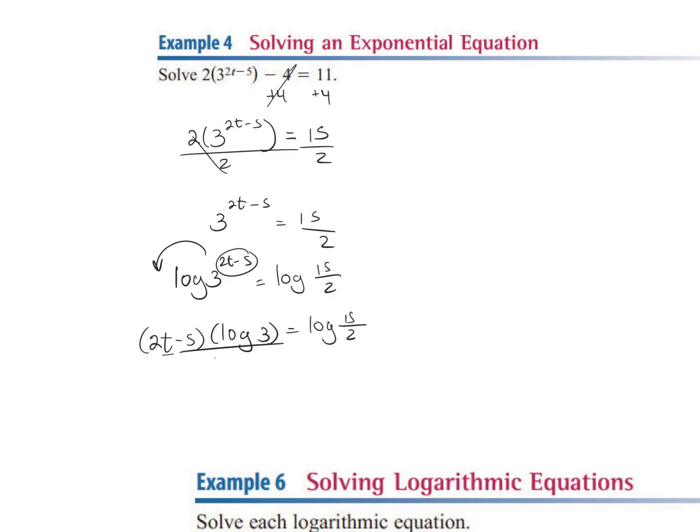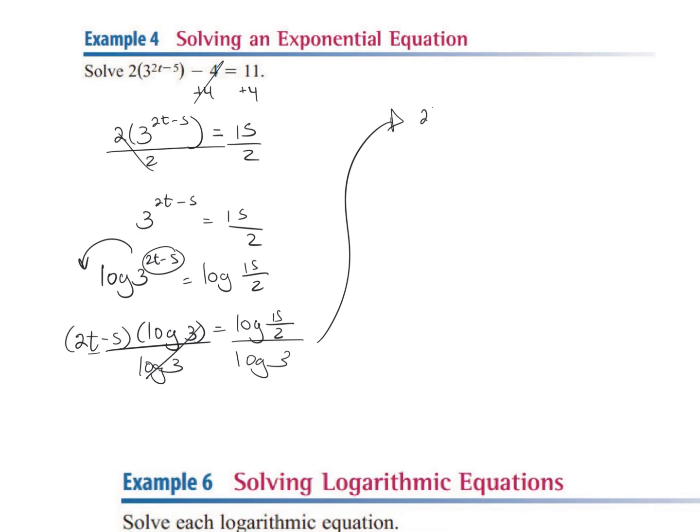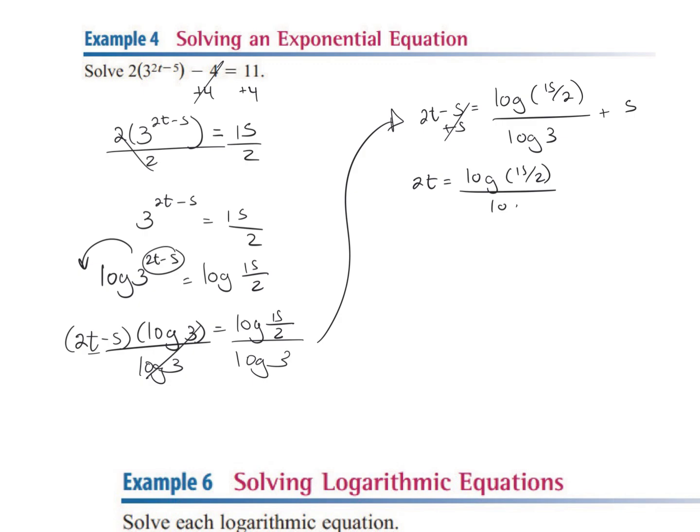I will divide by log 3. I'm going to be left with 2t minus 5 equals log 15 over 2, over log 3. I'm going to go ahead and add the 5, and left with 2t is equal to log 15 over 2 over log 3, plus 5.